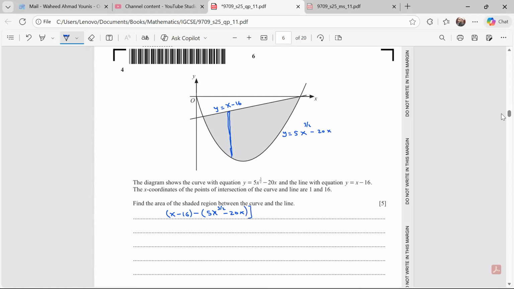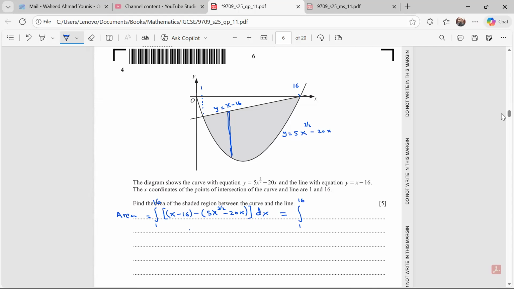So this whole thing is integrated from 1 to 16 because the x coordinate of this point is 1 and this point is 16. So this will give me the area. Okay, I hope this is clear. I can open the bracket and simplify these expressions. It is going to be 1 to 16, and inside will become 20 and 1, 21.